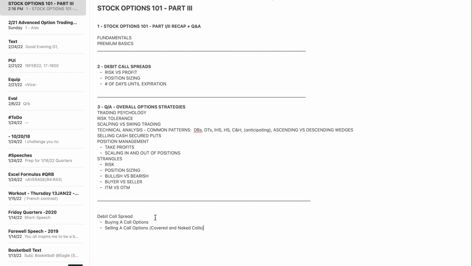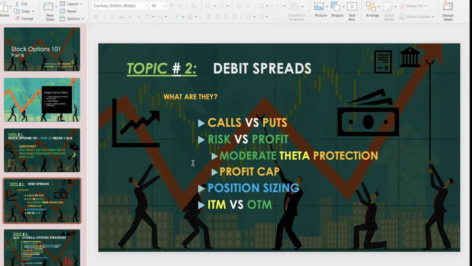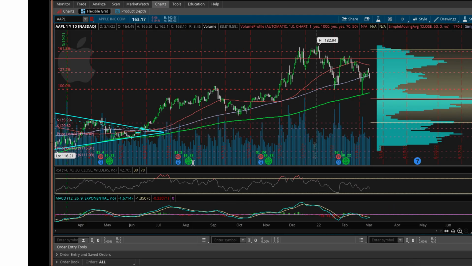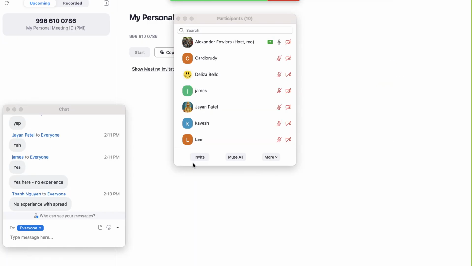So, anybody have any questions about selling a call option? Like what the difference is between buying and selling a call option? Because this is going to be a really important point we want to get across before we start talking about debit call spreads more in depth, right? So, anybody have any more questions?